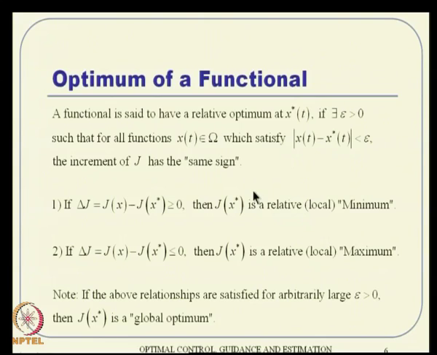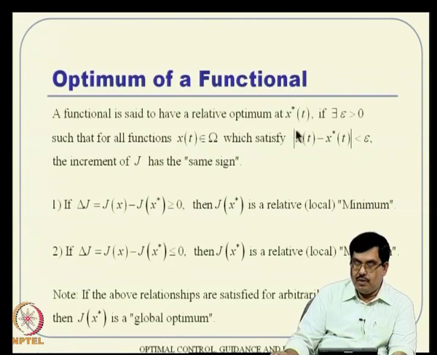Alright, then the optimum of a functional we also discussed, and we had this formal definition: a functional is said to have a relative optimum at x star of t. Remember, it is not a particular point, but x star itself is a function of time. So, it is said to have a relative optimum at x star of t if there exists some epsilon greater than 0 such that x of t satisfies this kind of condition. Whenever it satisfies this, the increment of J should have the same sign.